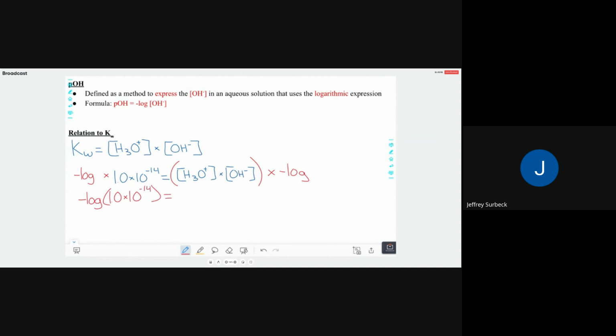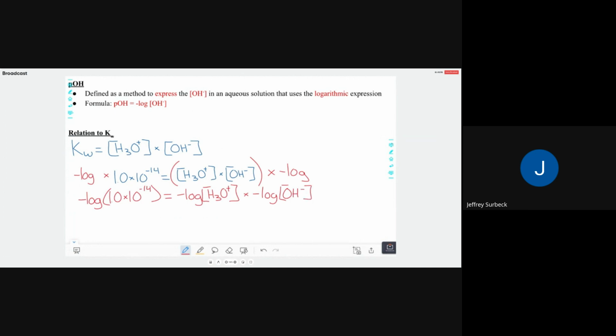equals, and I'm going to break this up here. I'm going to say we have negative log times our H3O plus, and then also, I'm going to break this up, times a negative log of our OH minus. All right.